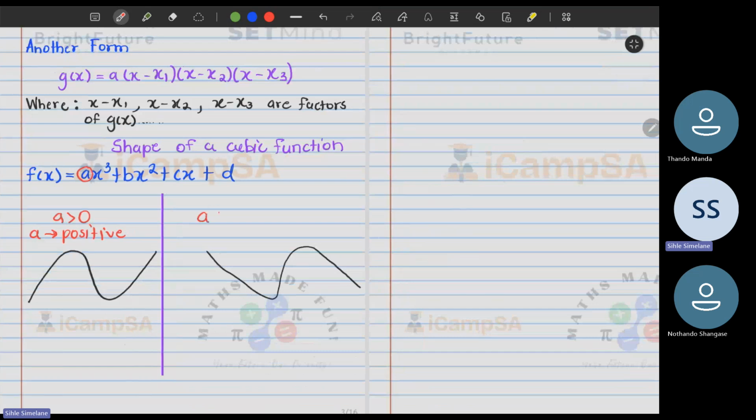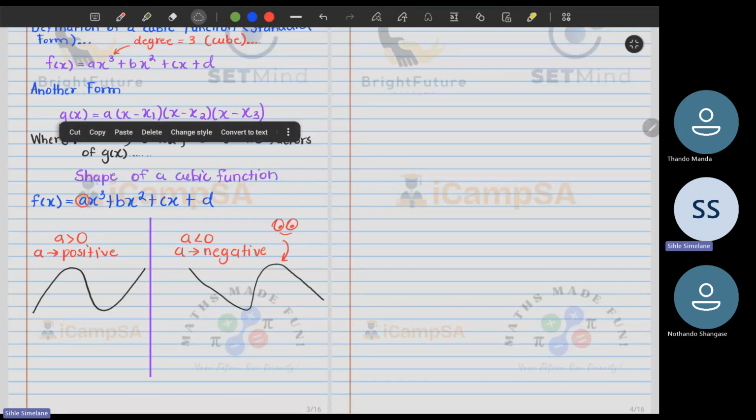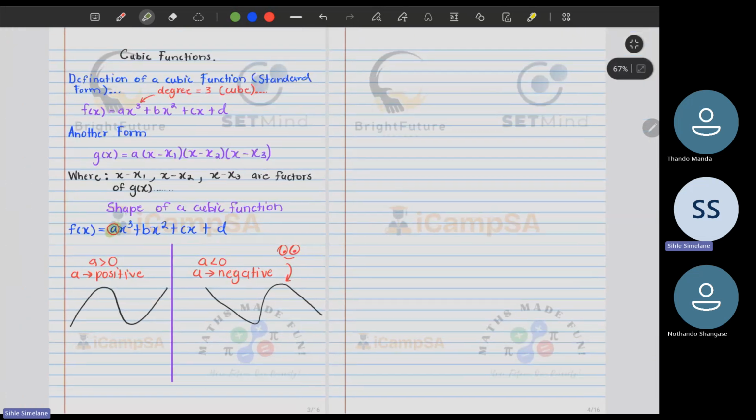But when a is negative, or less than 0, then our graph looks as we can see below here. Okay, so I hope that you do understand that. And by looking at the graph, already you are able to see if the a is going to be positive or negative. So here we're speaking about the shape, okay? We determine it using the value of a. It's very important, guys.